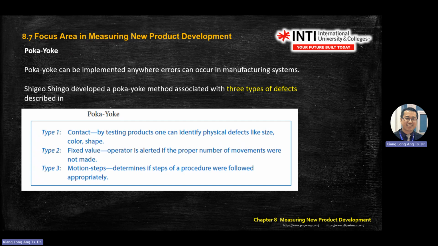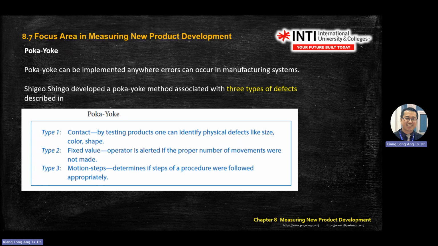And for example, what? Motion steps. Can you think of one example of poka-yoke? Anything that you use that must follow a certain procedure. For example, ATM machine. You must insert your ATM card at a certain orientation.